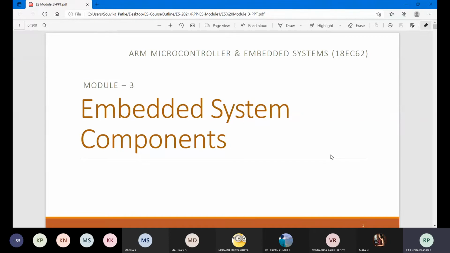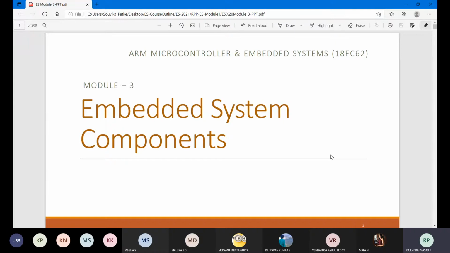Why? Because you have multiple inputs and multiple ways of output. Outputs can be a display, a buzzer, or a voice. These are the different peripherals combined to make one application, and that is what we call, in general terms, an embedded system.